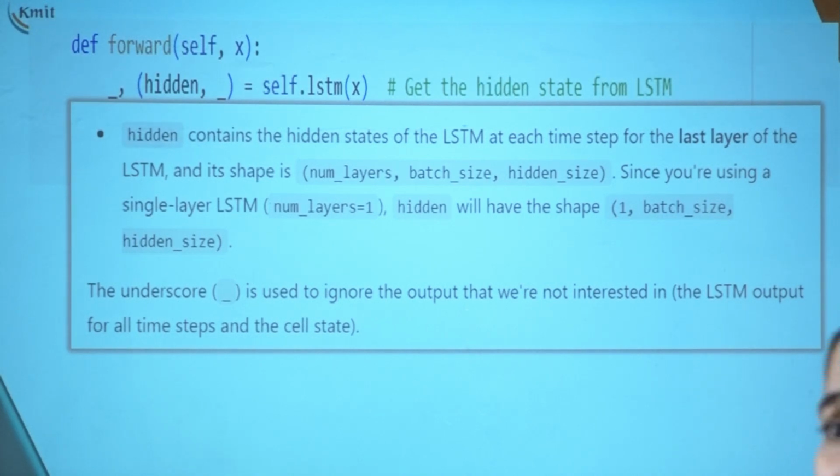How many layers of LSTM are you using in this code? One. One LSTM and one fully connected, a very basic model we created. So here the number of layers will be 1 and hidden will have a shape of 1, comma, batch size, comma, hidden size. Please try to understand.